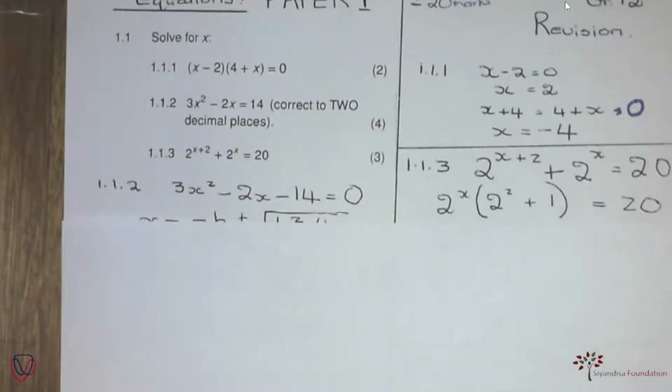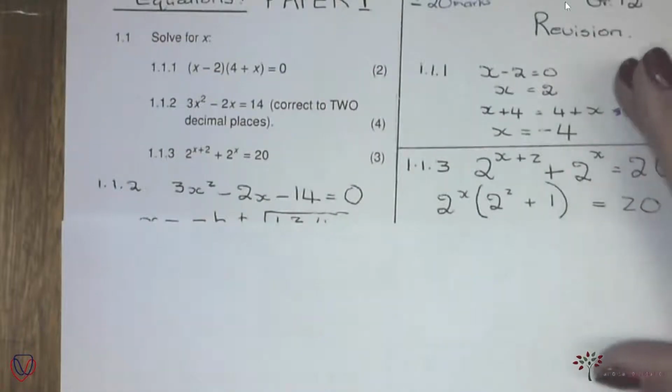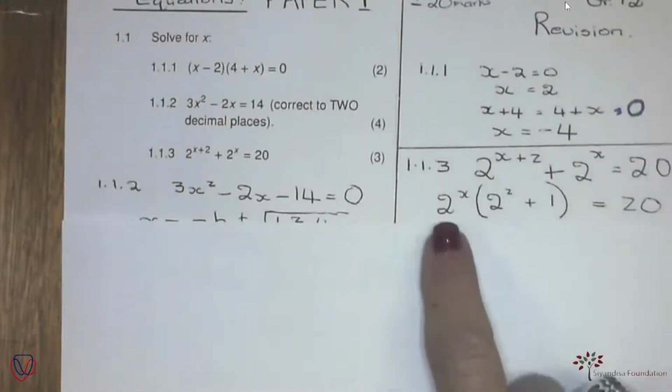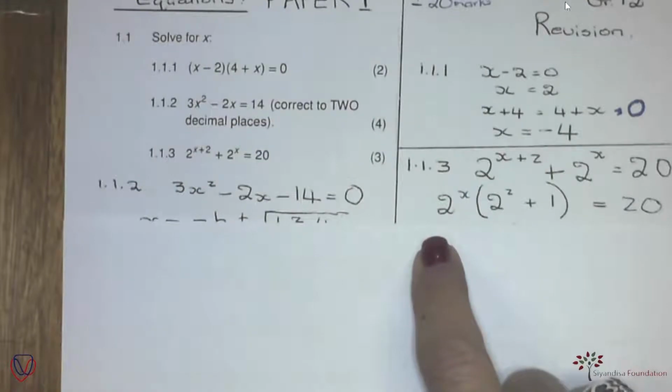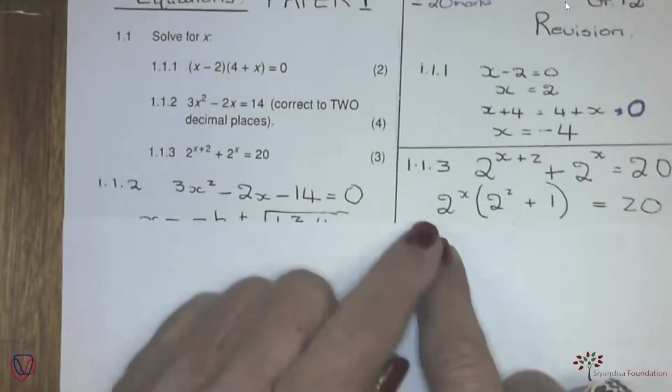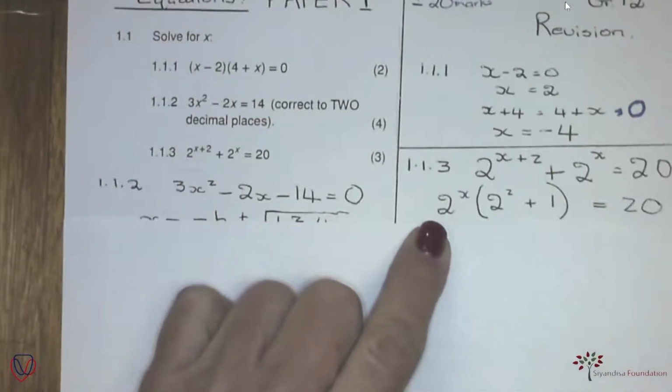And that is equal to 20. No standard form in these equations. These are exponential equations. So you work in a different way. For a plus and minus, you take out a common factor. Right, people? And then I want the 2 to the x alone on the left-hand side. Why? Because on the right-hand side, I also am going to look for a number that is a multiple of 2.